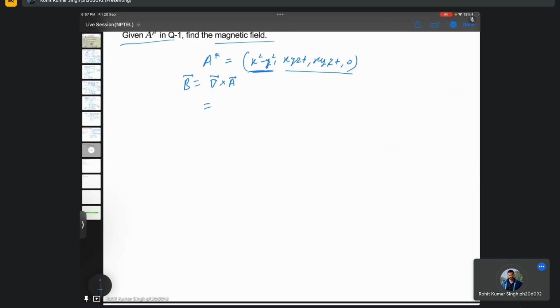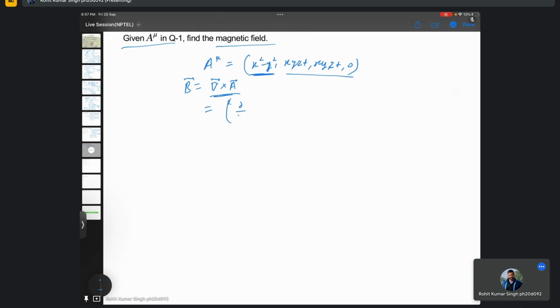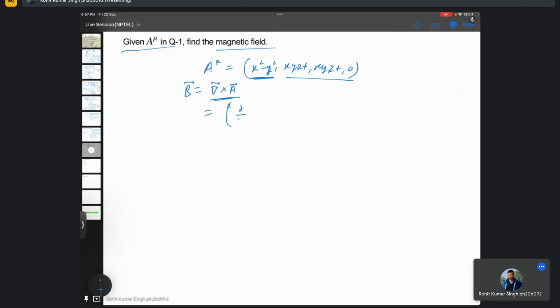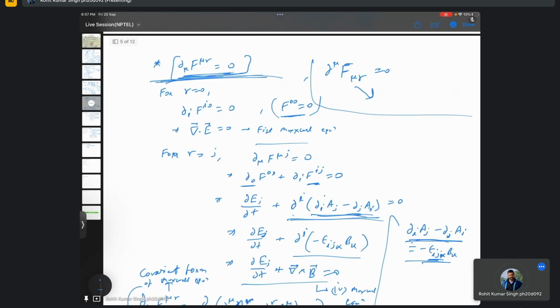So let's expand this. So curl of a vector, how do you write it? In form of determinant. Yeah. So what will be the x component? So I just defined here the curl, right? This thing. So del cross B is, let me write it.